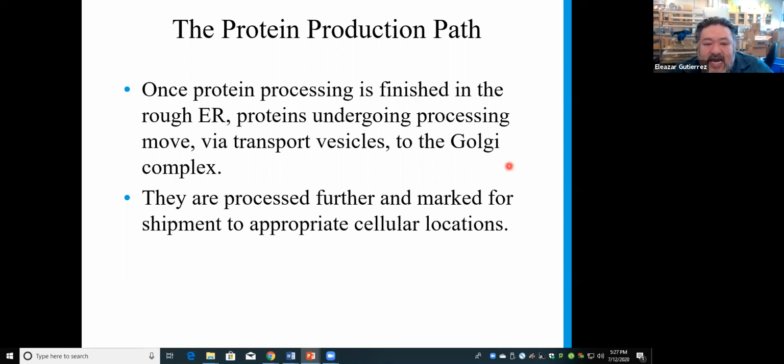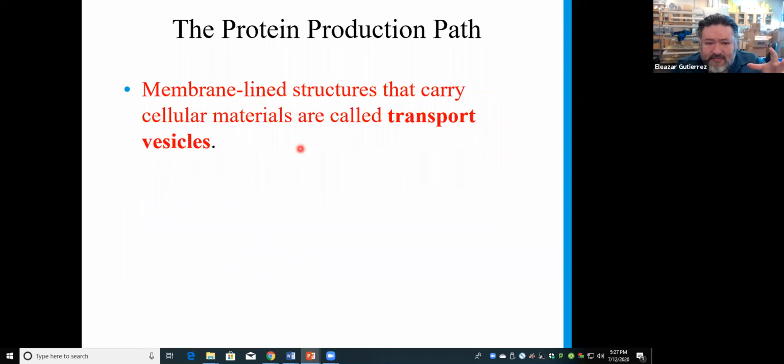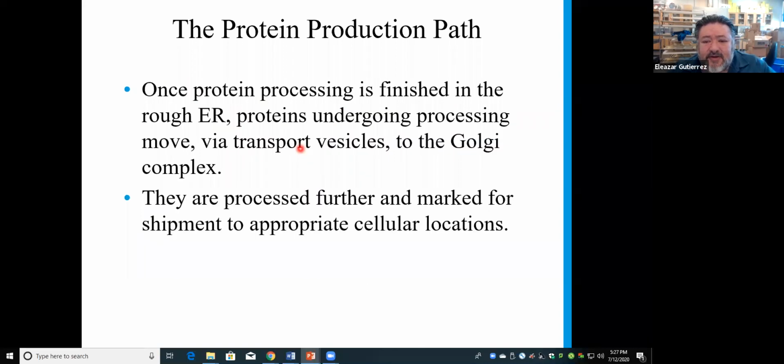This is a guy that modifies the little box that we made, this transport vesicle, by adding sugars, by adding phosphates, by cleaving proteins. In other words, it's putting an address label on there. This is where you're going, okay? And then it gets transported via the Golgi complex, okay? They are further processed and further marked for shipment to appropriate cellular locations.